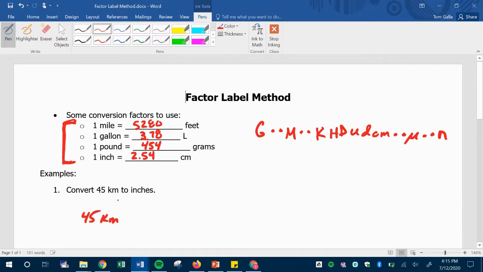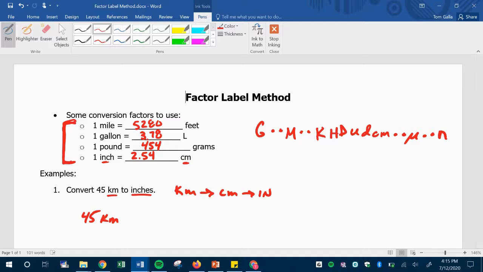If we're trying to go from kilometers to inches, we don't have a conversion factor that does that, right? But we do have a conversion factor that gives us inches to centimeters. So we're going to convert kilometers to centimeters, and then we're going to convert from centimeters to inches.